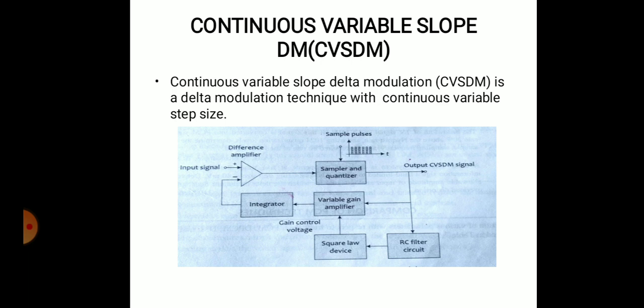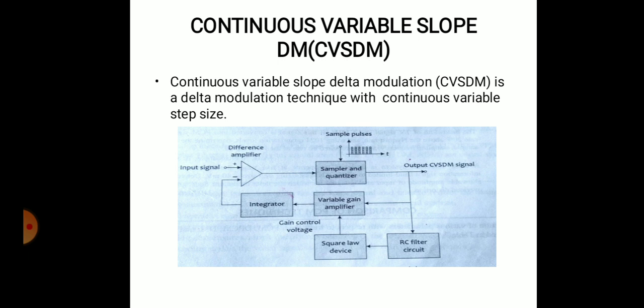So this is the block diagram of CVSDM, that is the continuous variable slope delta modulation. Here you can see that there is a differential amplifier, and then a sampler and quantizer. The output of this passes through a variable gain amplifier whose output is fed to the integrator, and in the differential amplifier another input is coming from this integrator.